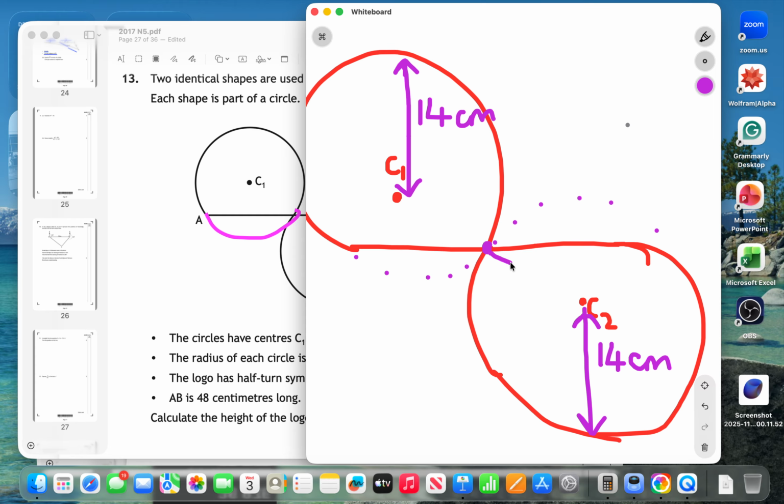So this distance is also 14, and so is this one. We're getting a lot of information.